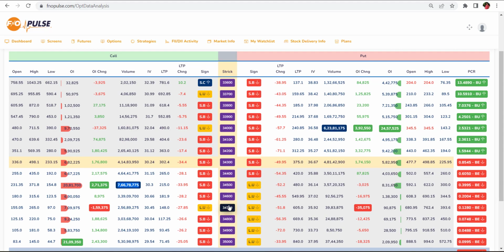Long build-up is LB, and short build-up is SB. In the morning this one was in long build-up. After 2 o'clock it was in long build-up, and again the market changed, so everything ended with short build-up.